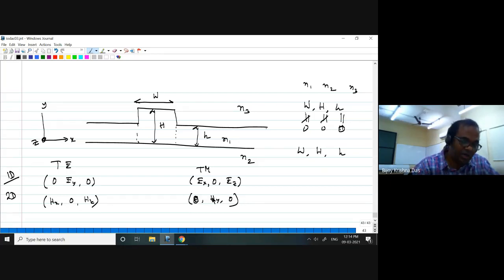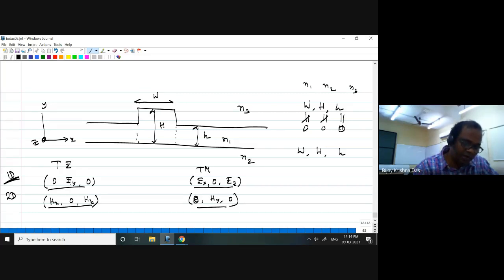For the moment, for the 1D optical waveguide, these components are good enough to give a feasible solution carrying energy along the propagation direction.